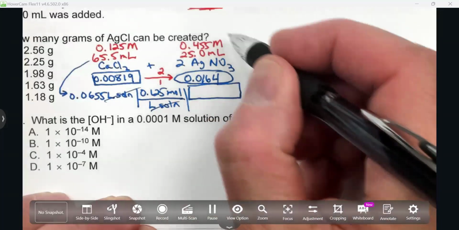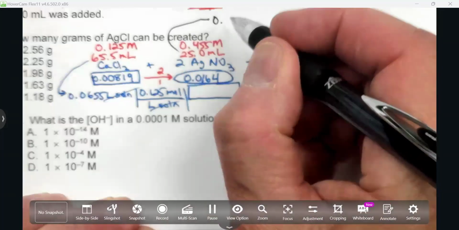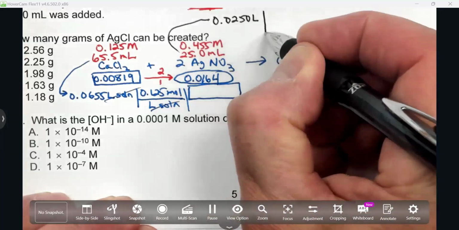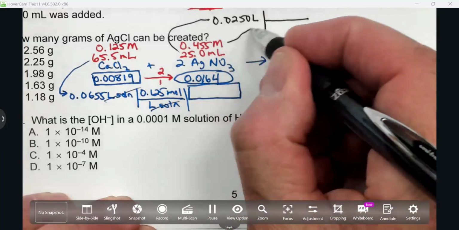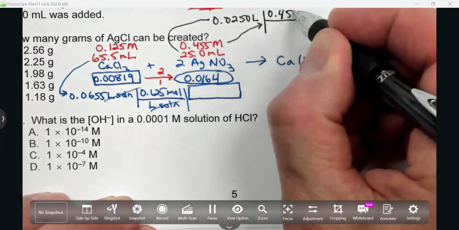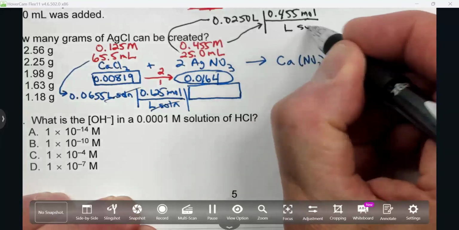Well, I'm going to go up here. 0.0250 liters, 0.455 mole per liter of solution.